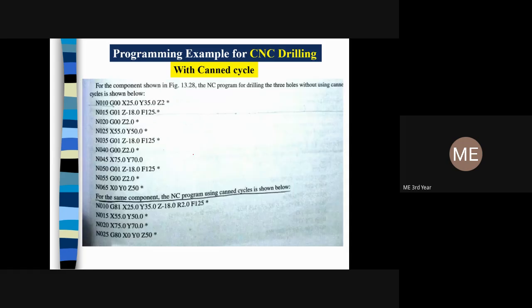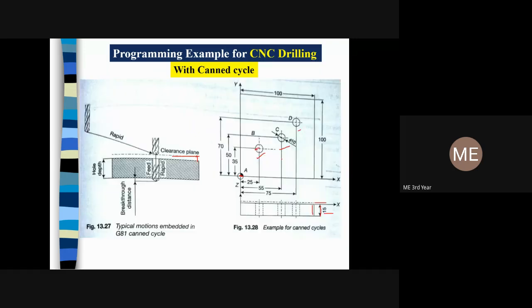So how will we do that? This is the code for the general one, and this is the code for the canned cycle. This is the sequence number. G00 is the rapid traverse, X25 Y35 Z2. X25 Y35 is the coordinate point of B. From the zero point to the B point, I will move to the coordinate.